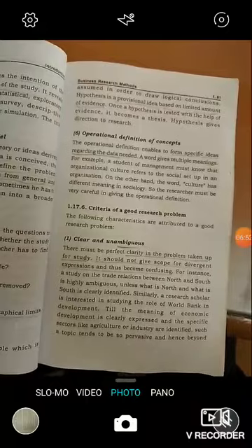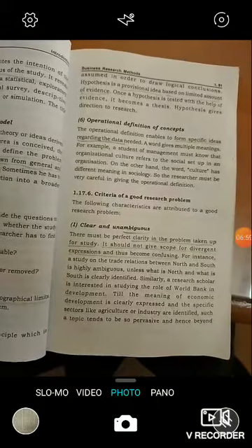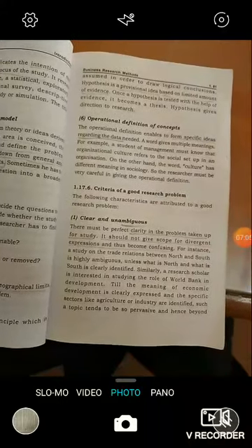Based on that idea, we can develop a hypothesis, that is assumption. We can get some assumption about how to carry our research work forward. After that, we have to develop a conceptual definition for all concepts. That is, whatever information and ideas you have, you have to define at that place.